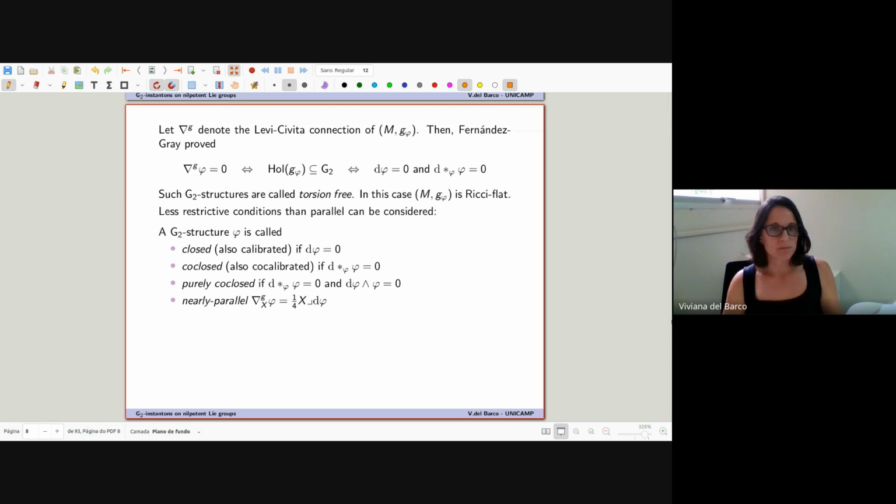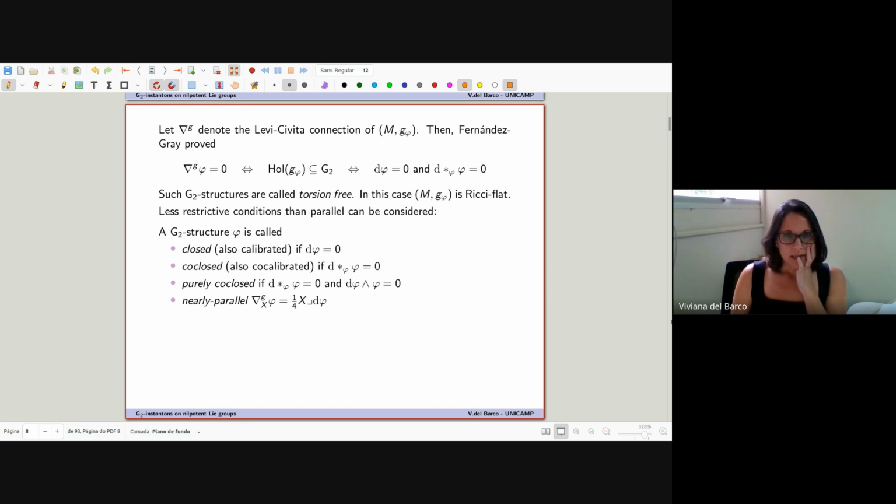Of course, a G2 structure is called closed if the 3-form is closed. It is coclosed if the Hodge dual of the 3-form is closed. It is purely coclosed if it satisfies these 2 equations, and it is nearly parallel if it satisfies the last equation.